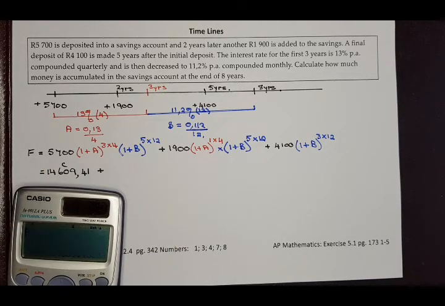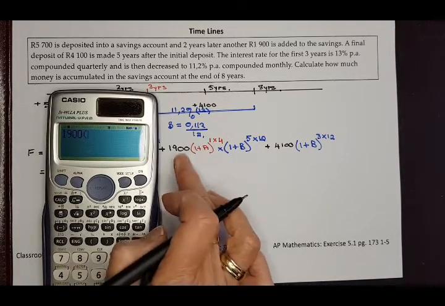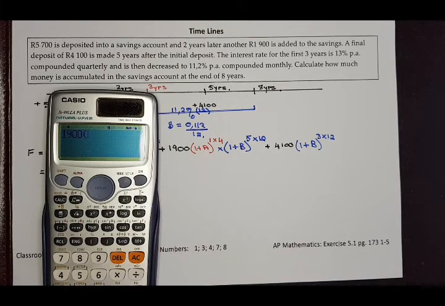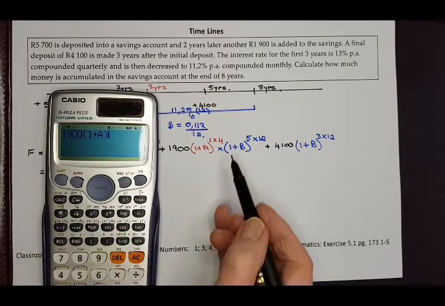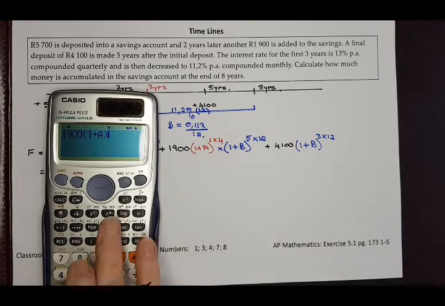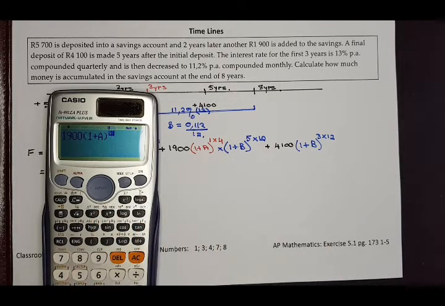Right, now we have 1,900 bracket 1 plus alpha A close bracket to the power of 1 times 4. To the power of 4. Move your cursor.